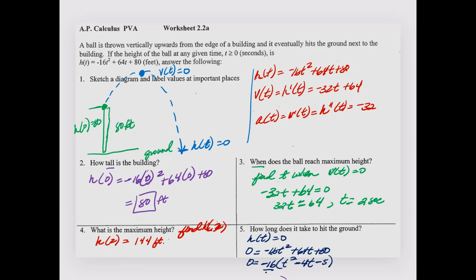But what's inside here, I can factor even further. I could do t minus 5 and t plus 1. So t is equal to 5 and negative 1. Well, you can't have a negative 1 second, so I'm going to cross that out because it's not applicable here. So the ball hits the ground when t equals 5 seconds.